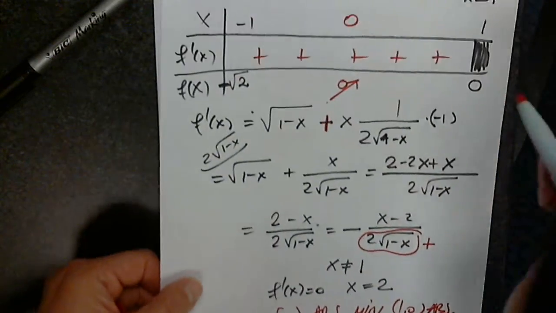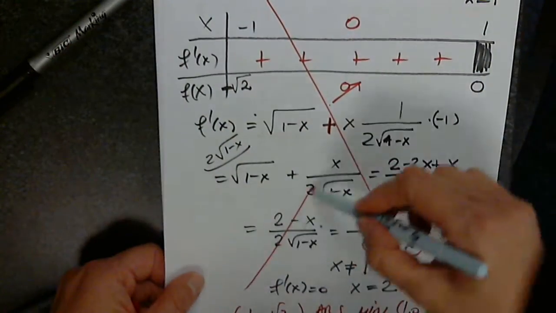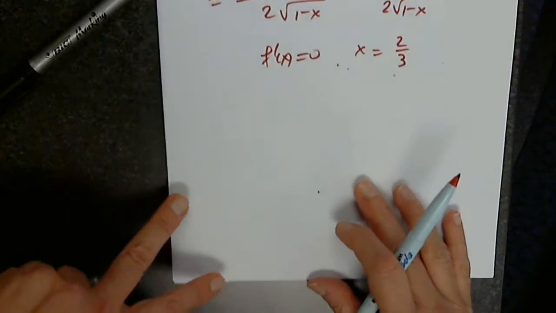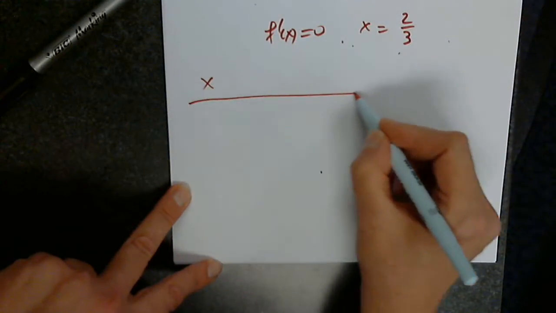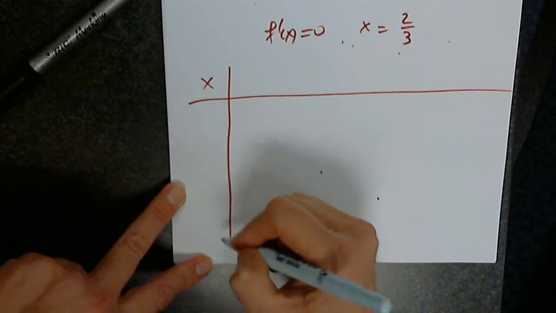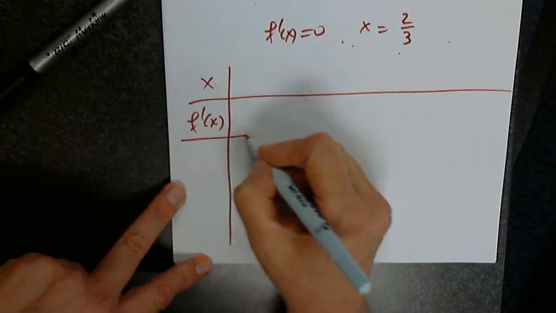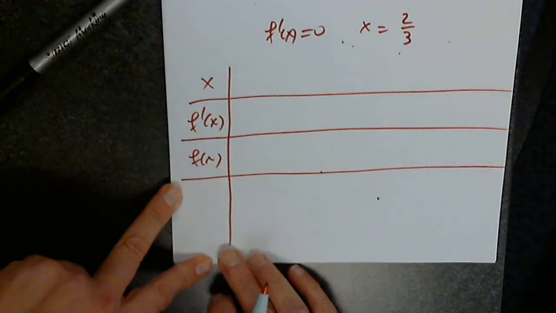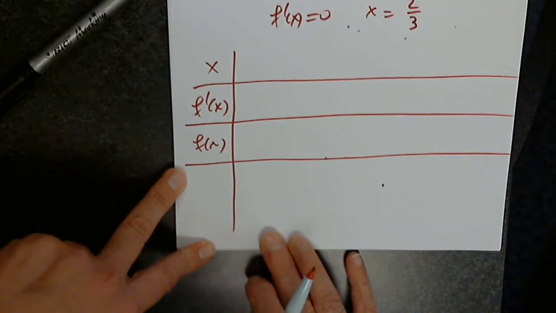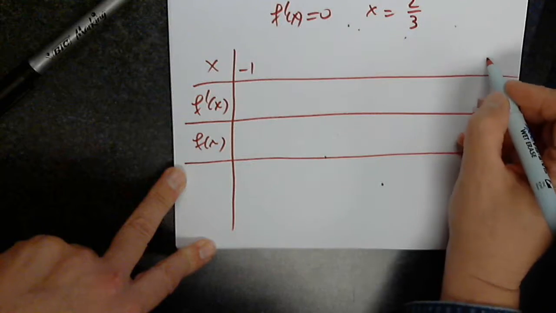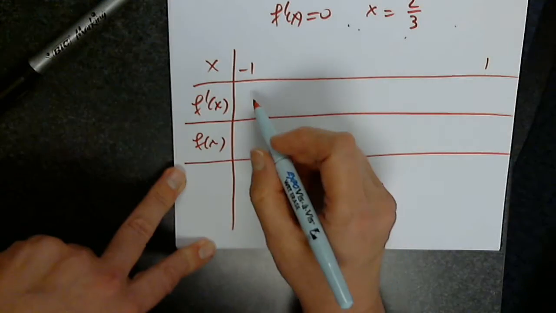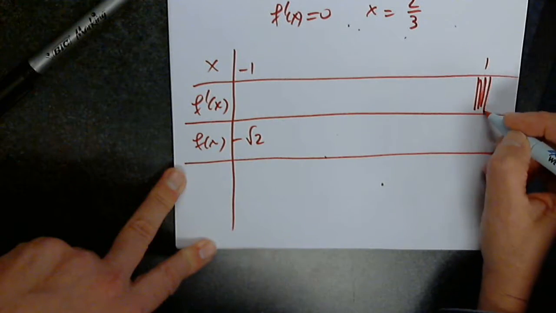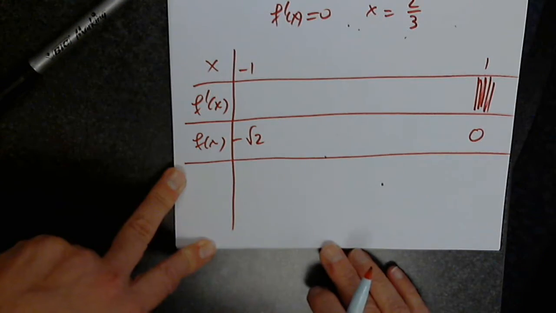So now all this goes away. Thank you. So then x, f prime of x, f of x, and I don't need the rest unless you want to find it. This is between -1 and 1. At -1 we found negative the square root of 2. At 1 we found 0.